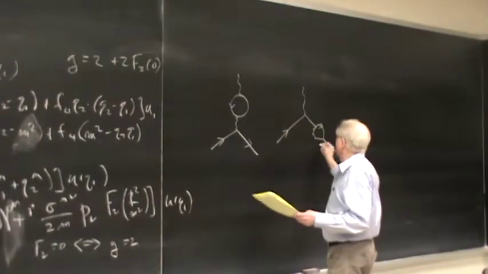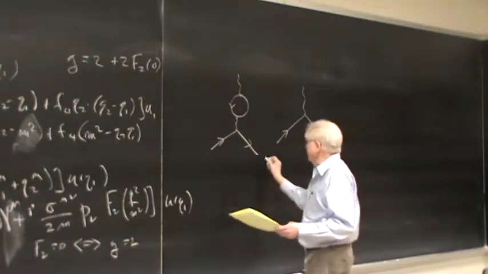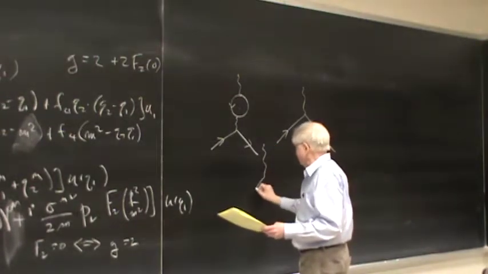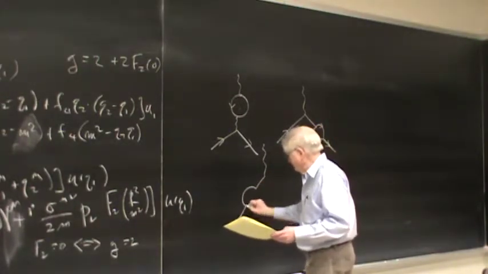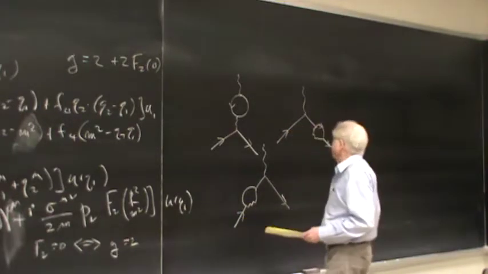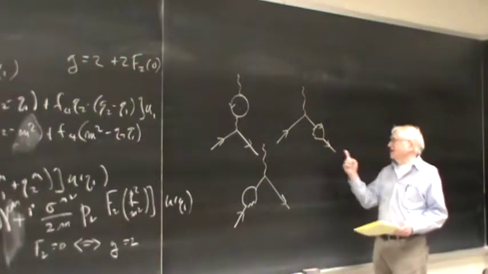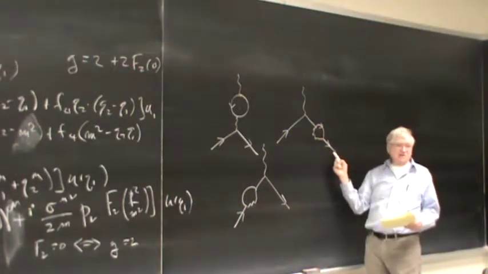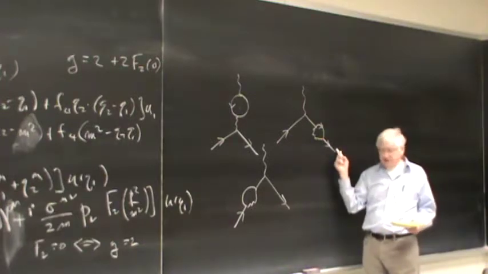So, like that. Or you could have something like this. But this is basically mass renormalization of the electron, which we'll go through in the next chapter.